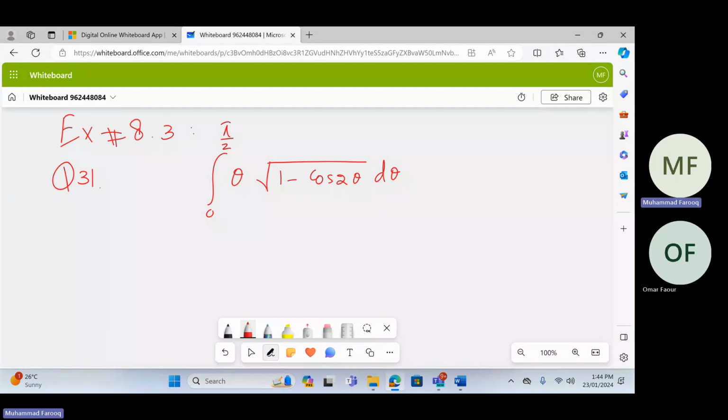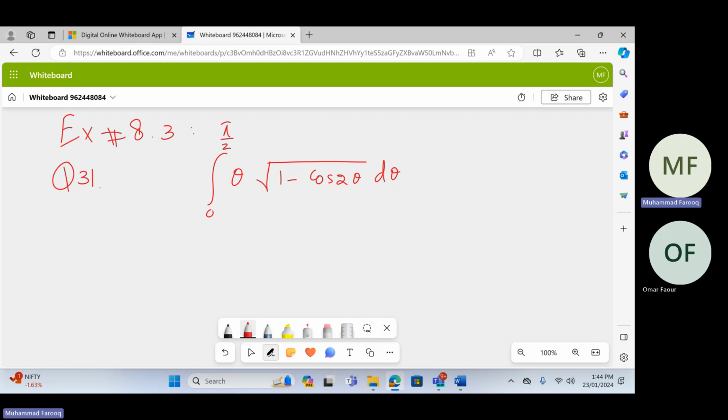So 1 minus cosine squared becomes sine squared. Multiply up and down by 1 plus cosine 2 theta, for the conjugate, inside the square root.